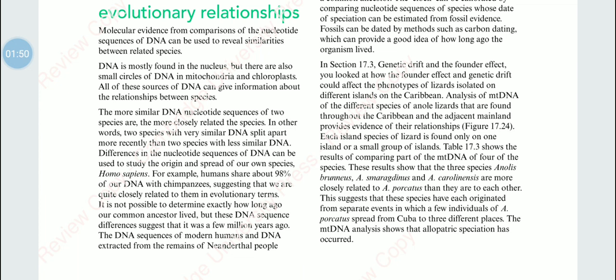So now if you compare our DNA sequences with Neanderthal people, we also see that we share more DNA sequences than with chimpanzees. That means that Homo sapiens have split away from chimpanzees at least 1 million years ago.